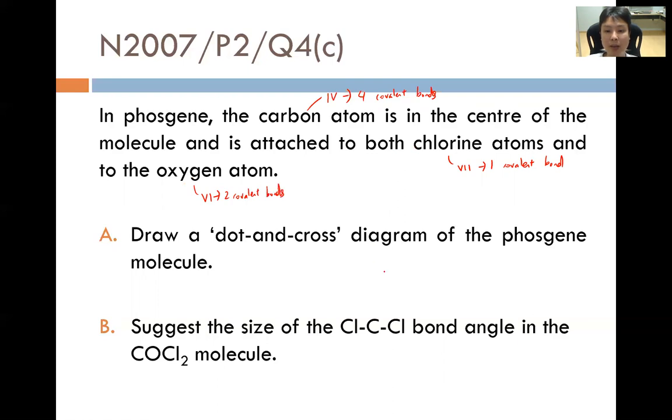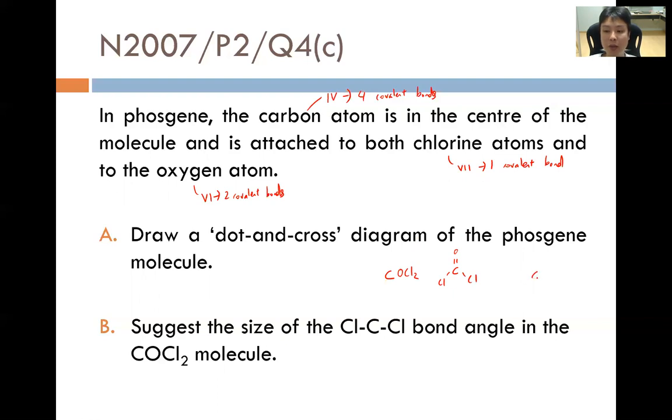Now they say that the carbon is in the center. The molecular formula of phosgene is COCl2. This carbon will form 2 bonds with the oxygen, and 1 bond with each chlorine, and therefore everybody is going to form the correct number of covalent bonds. This will be the correct structure of phosgene.